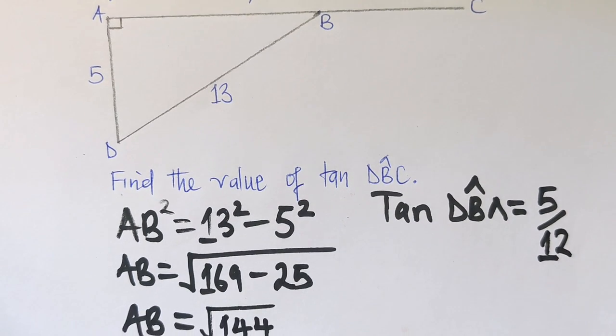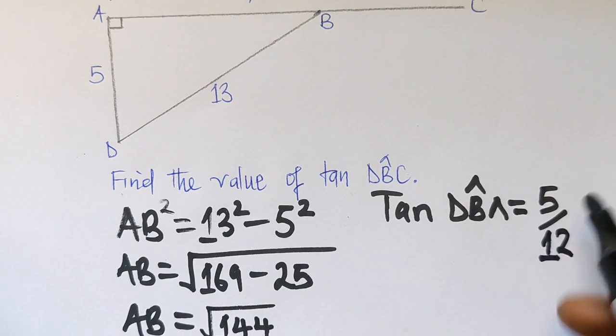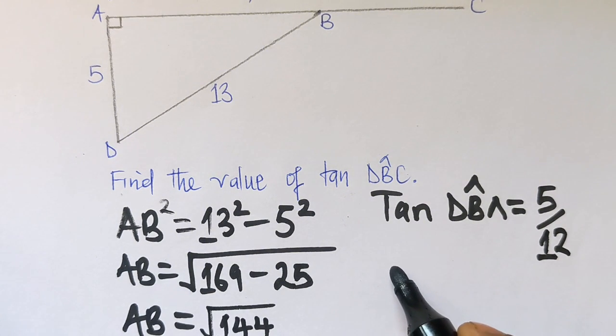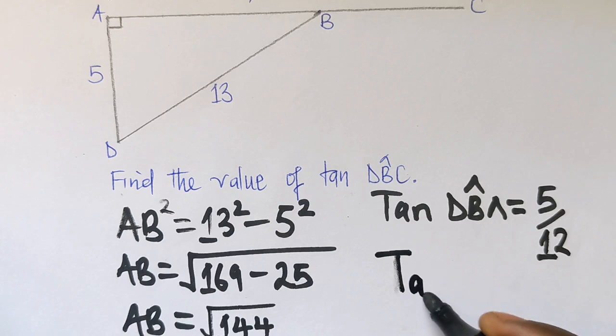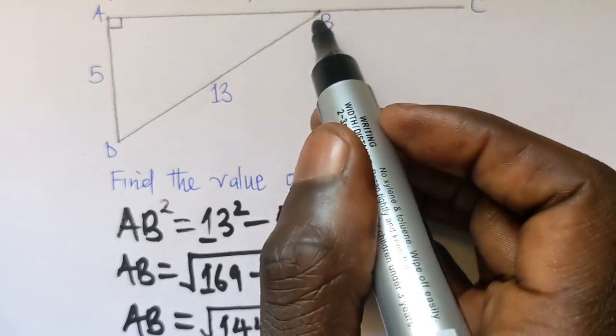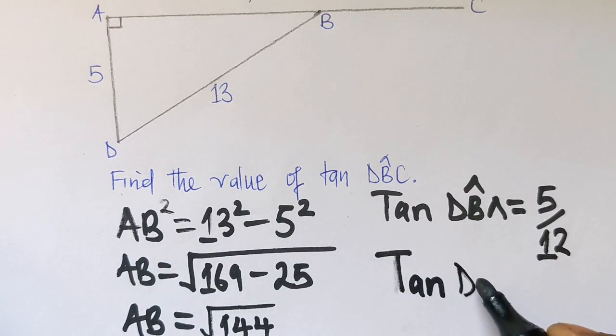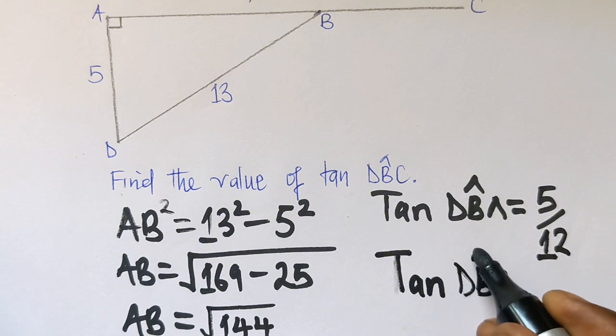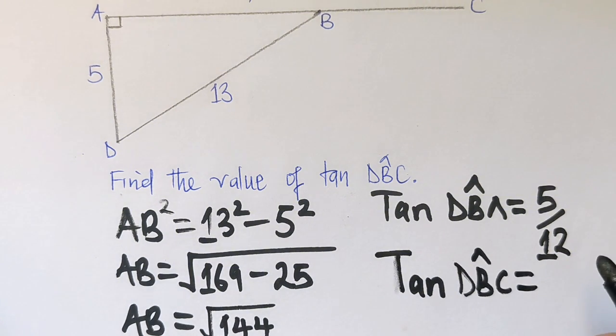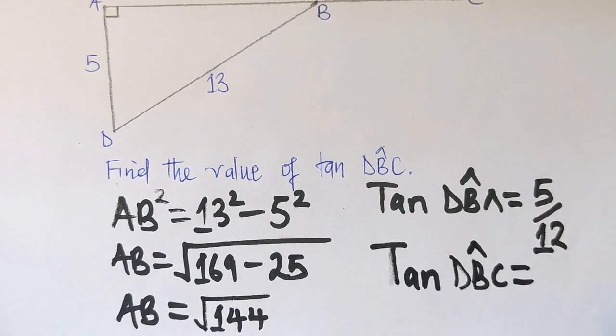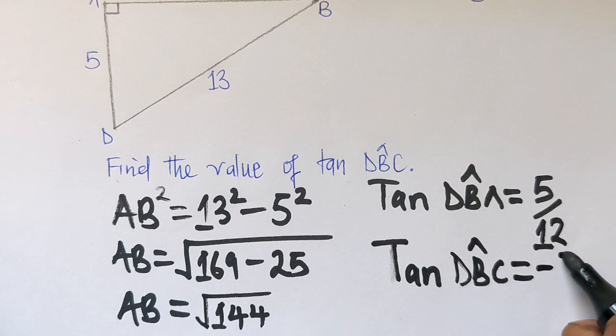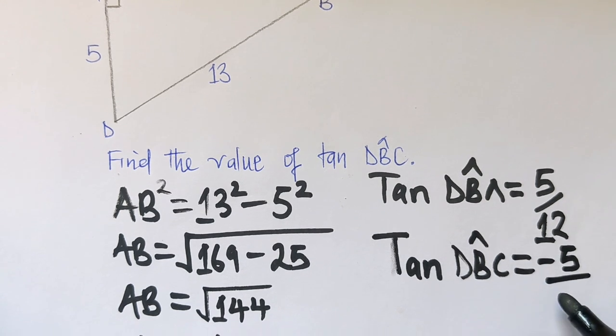So all we just have to do to this fraction that we've calculated is this. Tan DBC is just going to equal the negative of what we got. So negative 5 over 12.